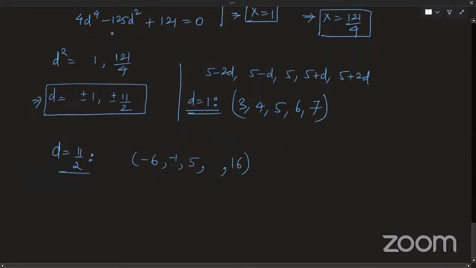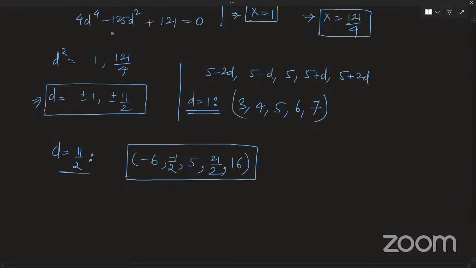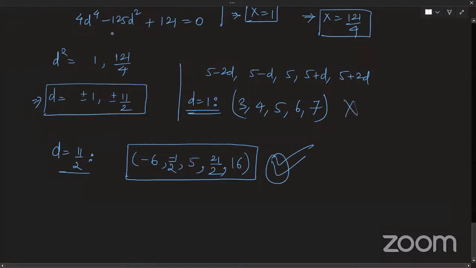So this thing is minus half, right? And 5 plus 11/2 is 21/2, right? So these are my five numbers. So minus half is there. I know minus half is there. So this is the sequence that I will consider.